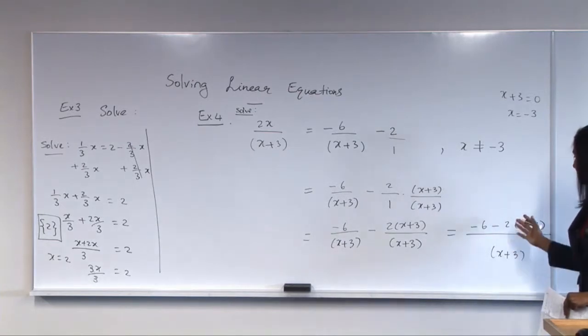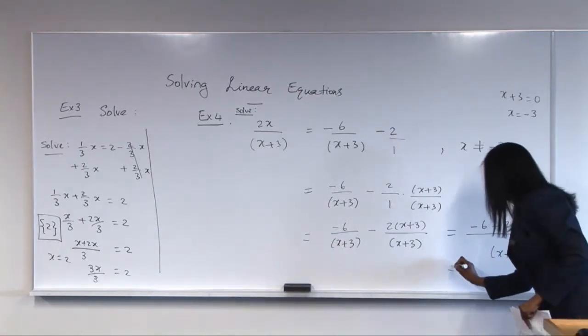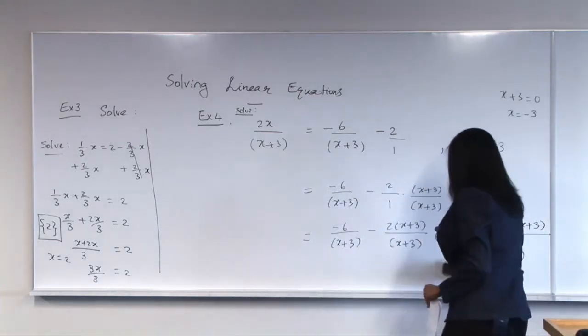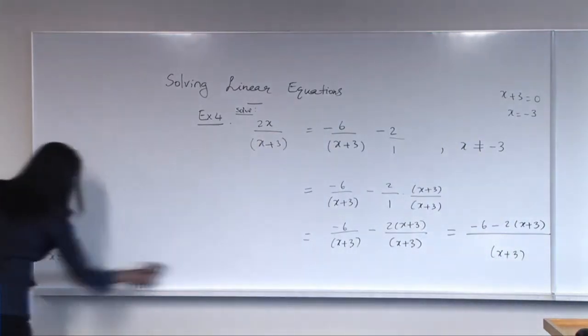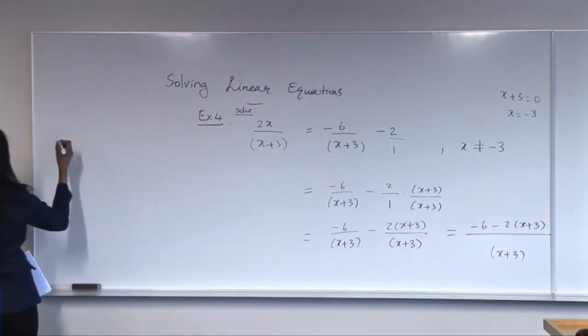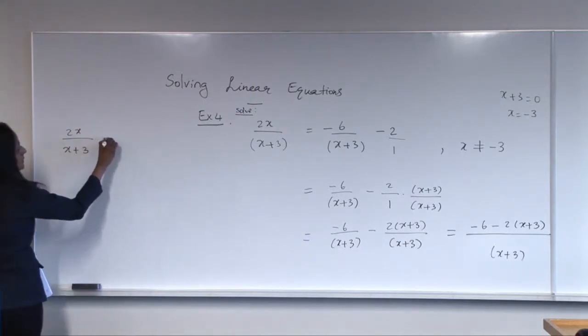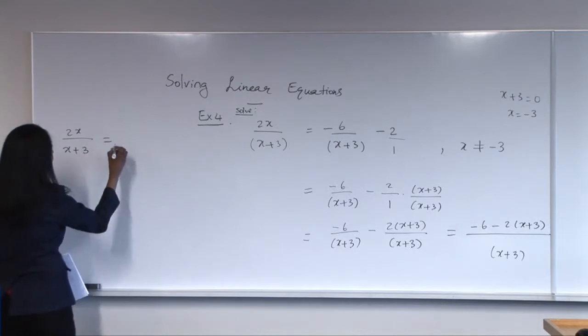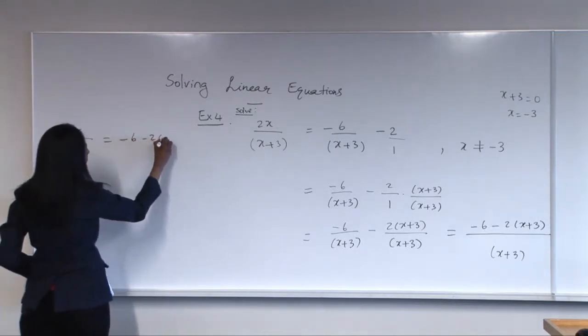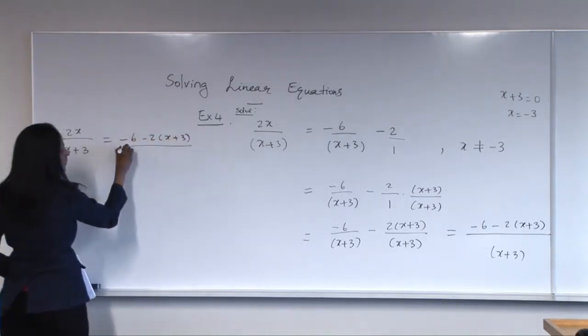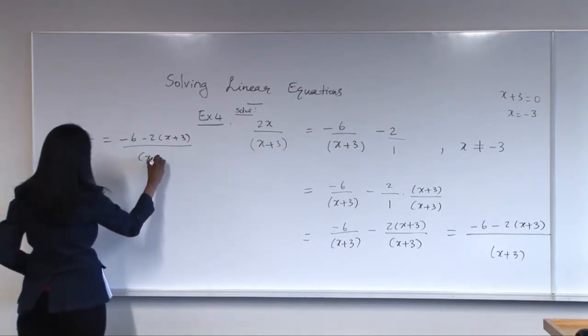So now we have to simplify. Let me write it on the other side. On this side we have 2x over x plus 3, is equal to, on the other side, negative 6 minus 2 times x plus 3, all over x plus 3.